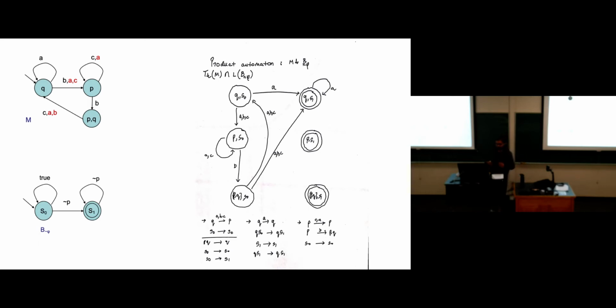And then we can compose our transition system and this B of not phi together into what is called the product automaton. And then checking whether the transition system satisfies phi or not is as simple as detecting whether there's a loop in our product or composed system which visits the accepting state of this system infinitely often.